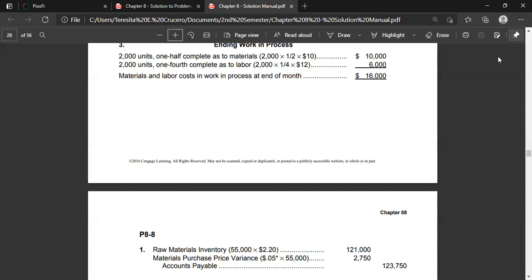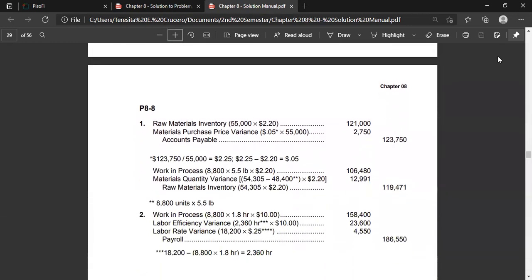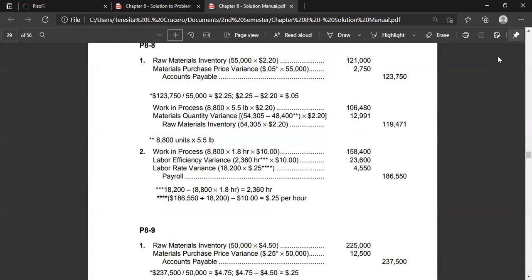Next, we go to problem number 8. Problem number 8 has two requirements. One, journal entries to record the material transactions, assuming that the material price variance was recorded at the time of purchase. Two, make journal entries to record the labor variances.